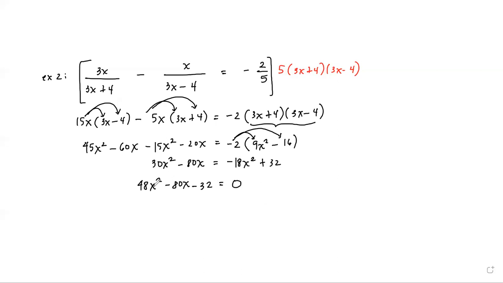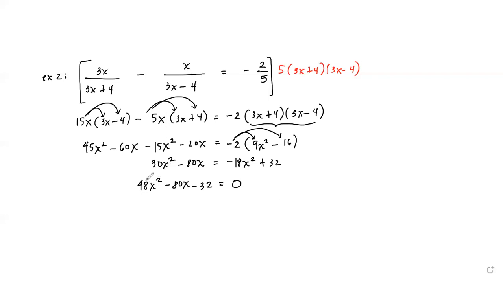Okay, now observe that this is a quadratic equation in standard form, but the numerical coefficients are big numbers, so we can still try to simplify or divide both sides of the equation to reduce the numerical coefficients.